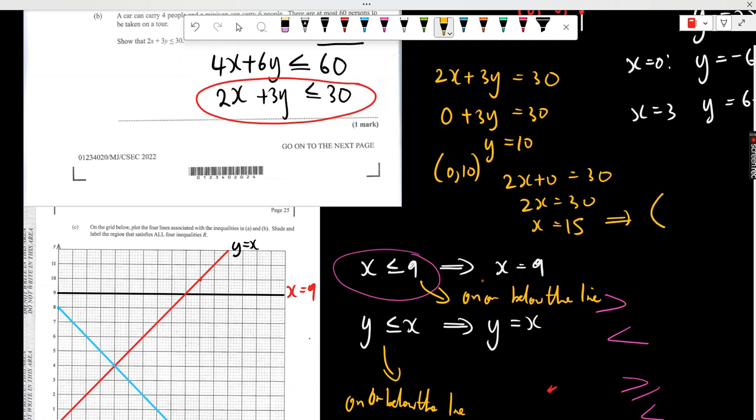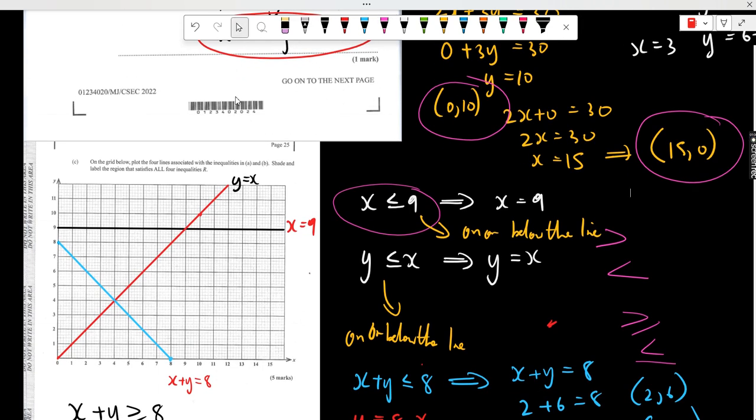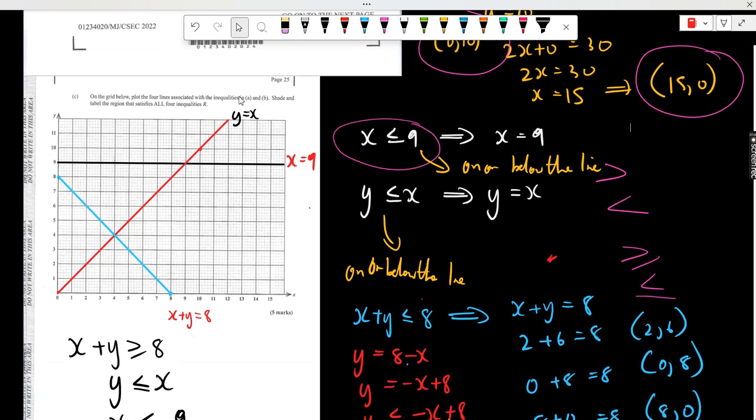So I have my second point, which is (15, 0). And I have enough information now to draw my line, just connecting those 2 points, (0, 10) and (15, 0). There are many other points we could have chosen, but I decided to work with those because it's easy. So I will locate the point (0, 10).